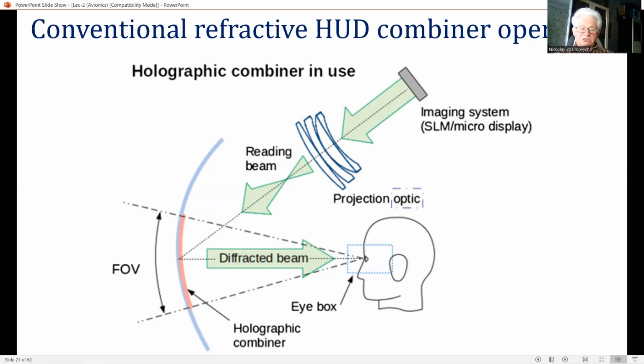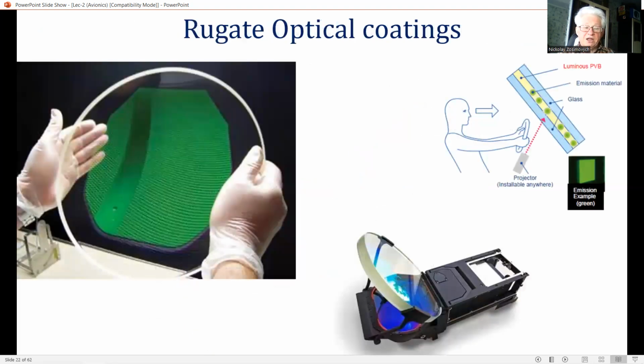High optical transmission through the combiner is required so as not to degrade the acquisition of small targets at long distances. It should be noted, however, that the development of rugged dielectric coatings applied to the combiners of conventional refractive HUDs has enabled very bright displays with high outside world transmission to be achieved, comparable in part with holographic HUDs.